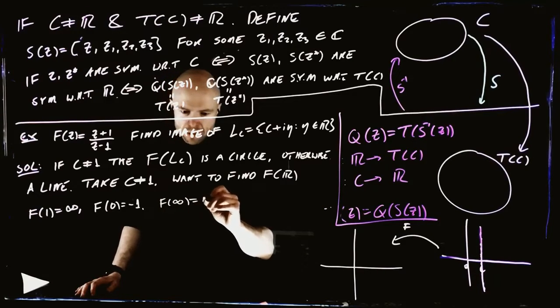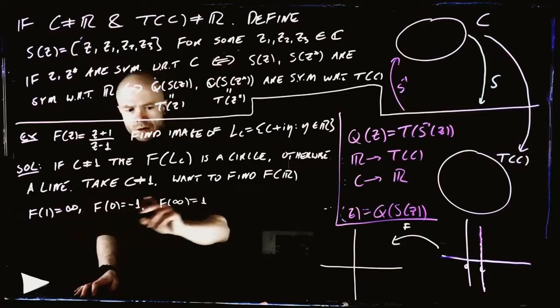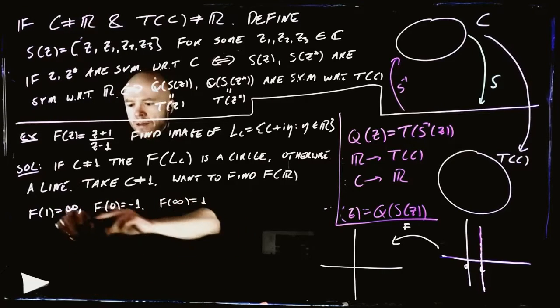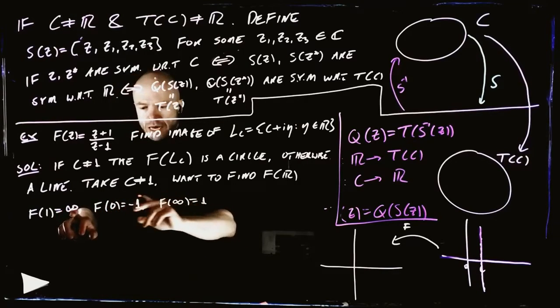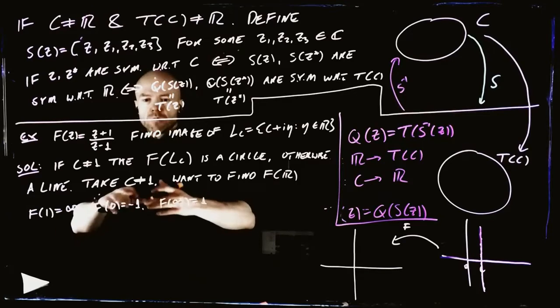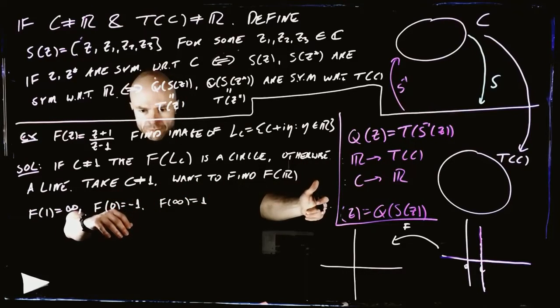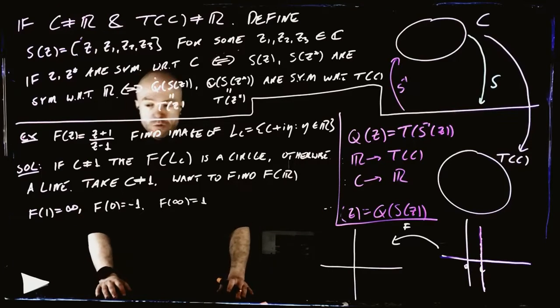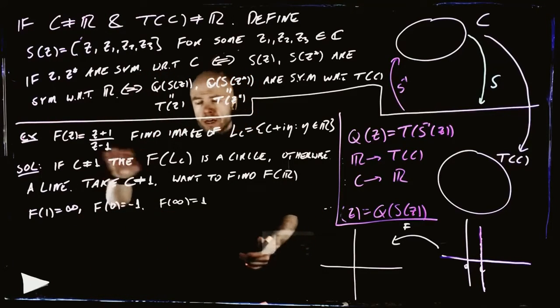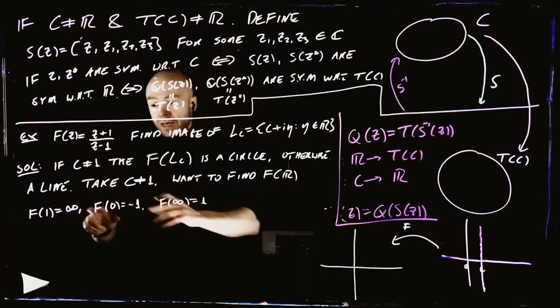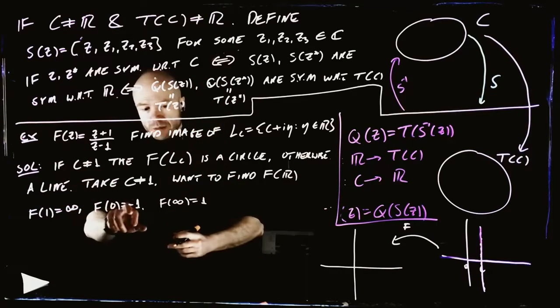equal to 1. So 1, 0, and infinity all belong to the real line, so the real line must be sent to the real line. Yeah? We know the real line will be a line because it does go through infinity itself, right? And the line that we have goes through infinity, -1 and 1.